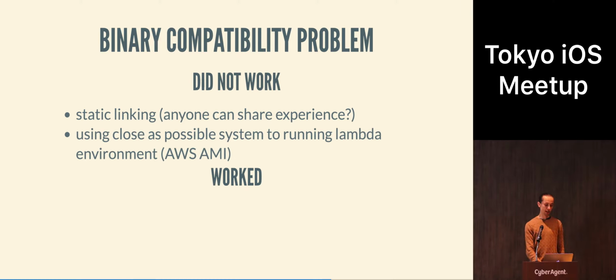So next thing I tried to use an AWS AMI instance that is really close to what Lambda is. That helps to reduce problems with library version compatibilities. And unfortunately, I discovered that Swift is supported mostly on Ubuntu at the moment.